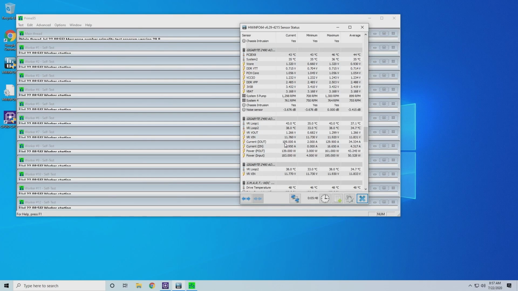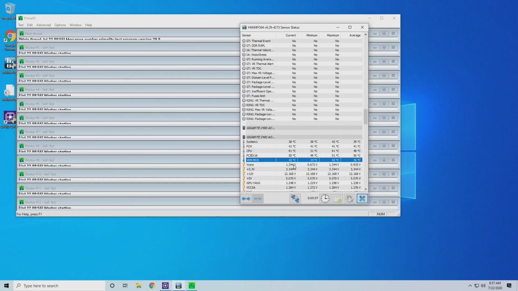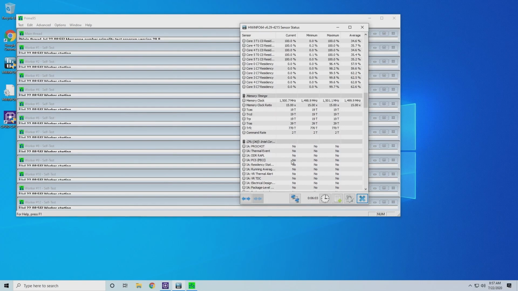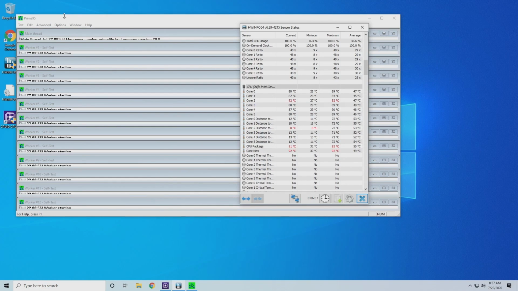And we're pulling 120 amps versus the 90 that we were seeing before. MOSFETs are still ice cold. Yeah, I wouldn't worry about MOSFET temps until we start hitting about 100 C, which we're not going to come anywhere near.